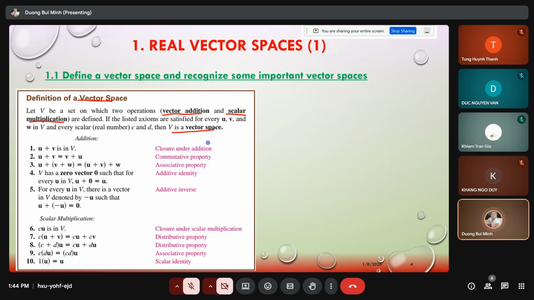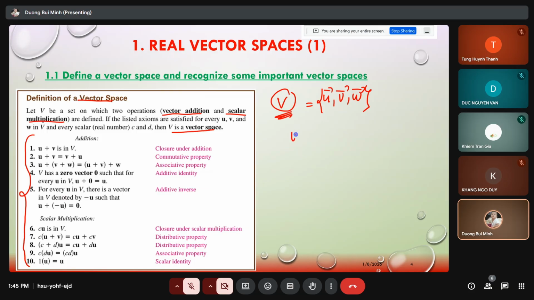So to understand what a vector space is: a vector space means a space to contain all vectors. So we have a vector space V to contain how many vectors? For example, vectors u, v, and w. We say V is a vector space if all the axioms here are satisfied.